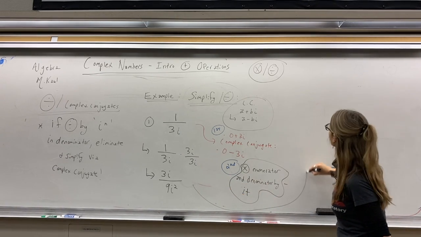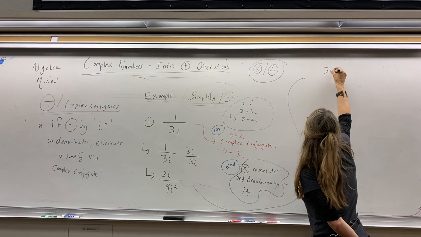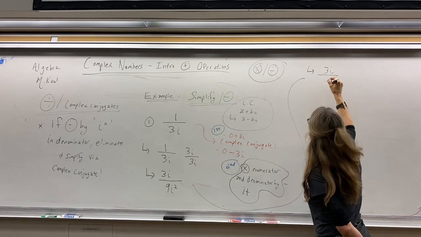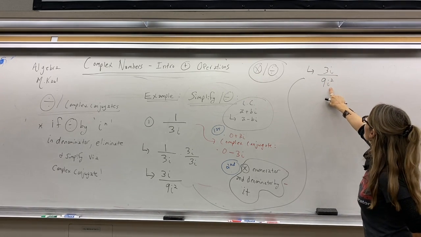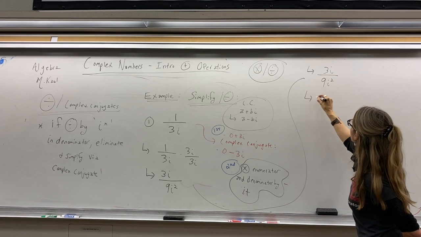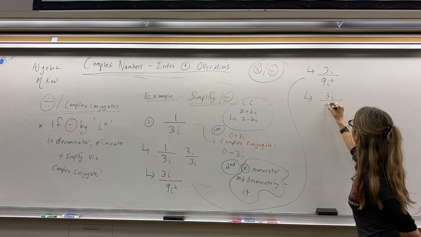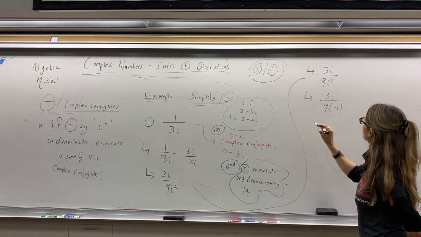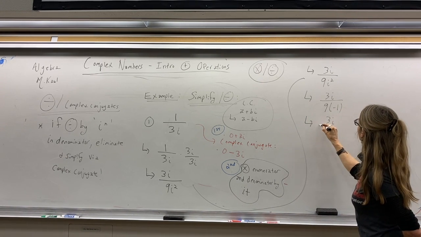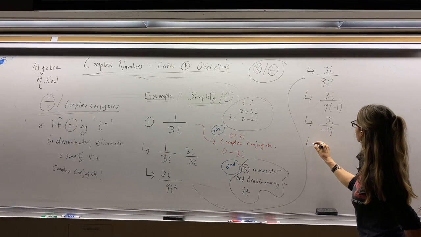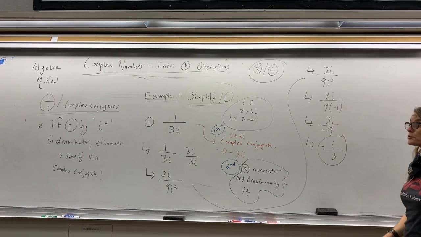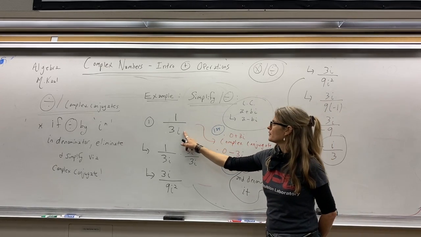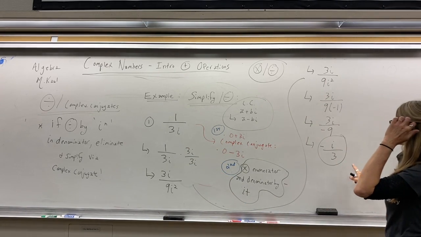So if I have 3i over 9i squared, I will replace this with the value I know it to be, 3i over 9 times negative 1, and this becomes 3i over negative 9, which is just negative i over 3. And that's an appropriate reduced form of this 1 over 3i, an appropriate answer.